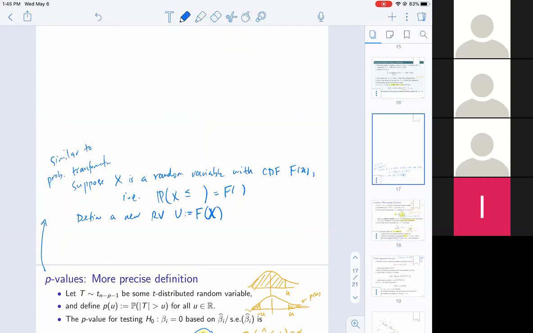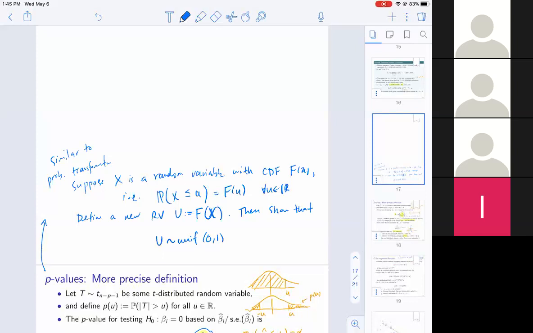Let's write it as F of u for all u in R, and then apply this F to capital X. So this is a new random variable. Then show that U will have a uniform distribution as an exercise.